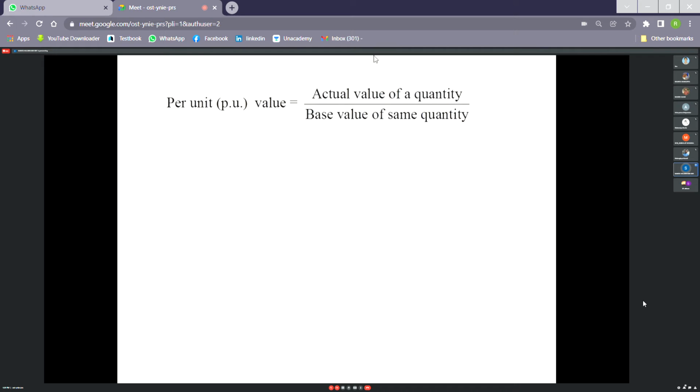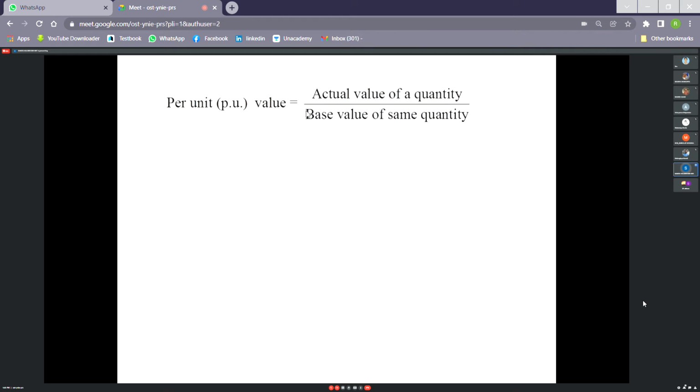So the base value is the full value or the rated value of a particular quantity, say voltage, current, or anything. If I give you the example of voltage, that will be acceptable for you at this moment. Say at a bus, the bus voltage may be 11 kV, 33 kV, 220 kV, like that.